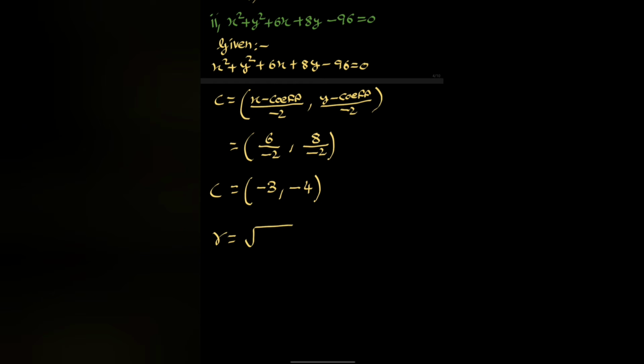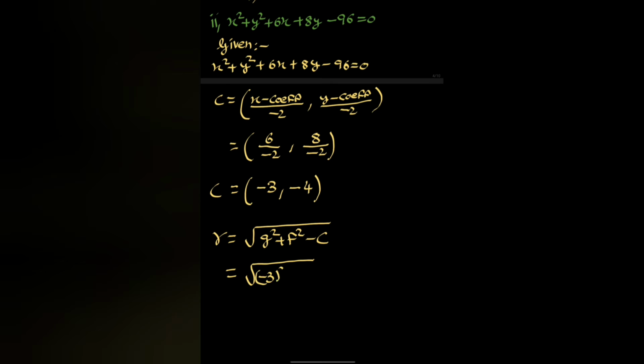radius equal to root over g square plus f square minus c. So root over minus 3 whole square plus minus 4 whole square minus of minus 96. So what is 3 square? 9. 4 square 16 plus 96.